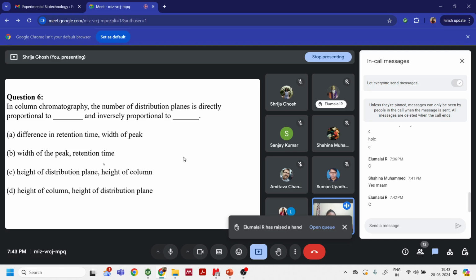Okay, anybody else wants to answer? We have option A, difference in retention time, width of the peak. Okay.